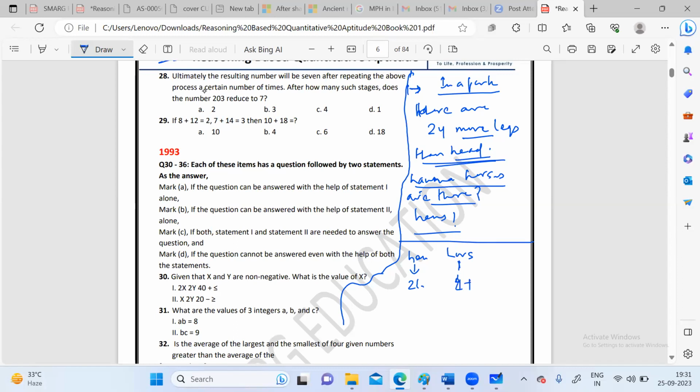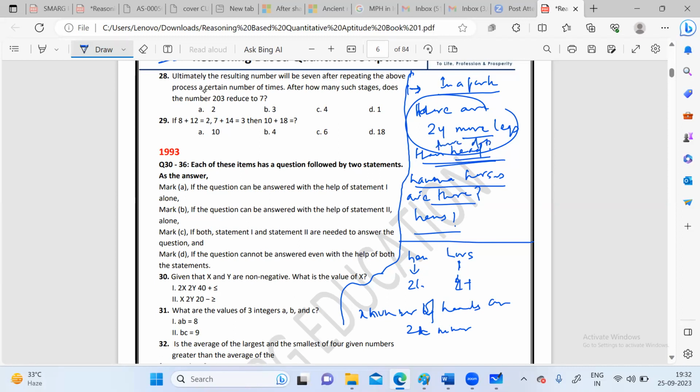So if X number of heads are there, then 2x number of legs must be there. Twice the number of heads. 24 more legs than twice the heads.